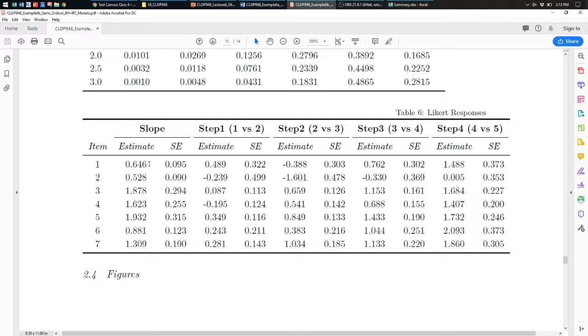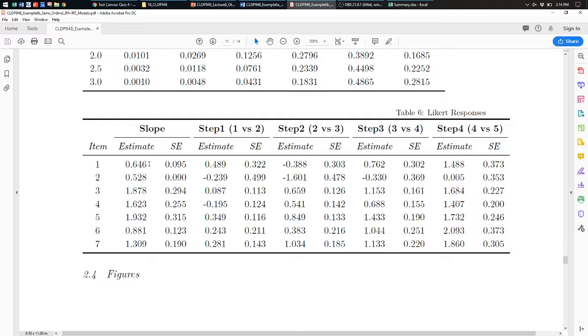So to get from 1 to 2 for item 7 here, the next one, over 1.1, is the amount of theta you need to pick 4 instead of 3, and then finally 1.8 is the amount of theta you need to pick 4 instead of 5.